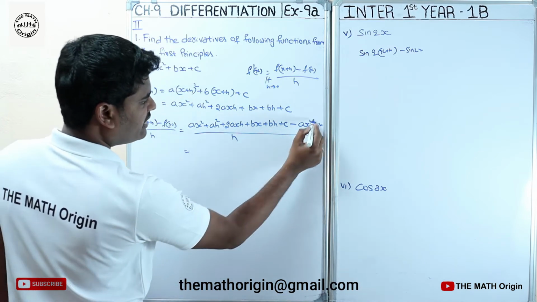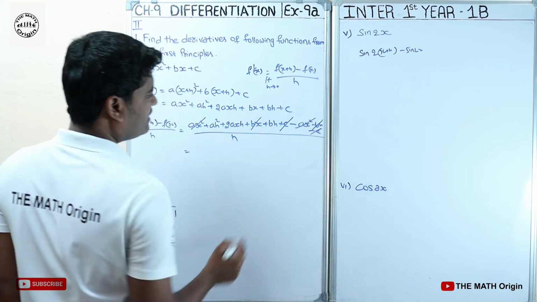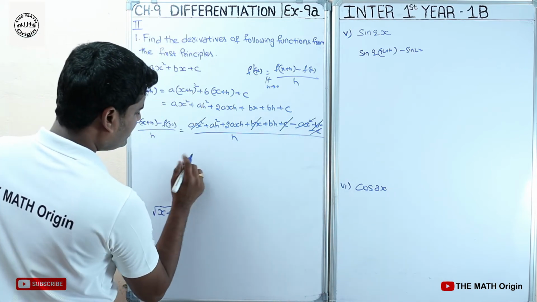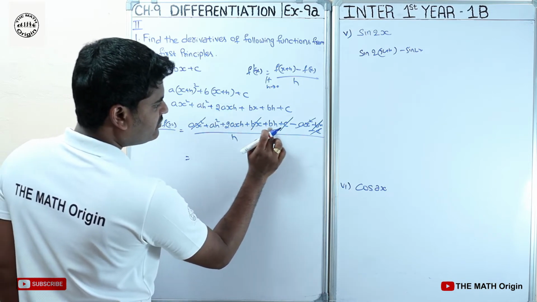Therefore ax square is cancelled, and bx plus c minus bx minus c is cancelled. So the remaining values are ah square, 2axh, bh.